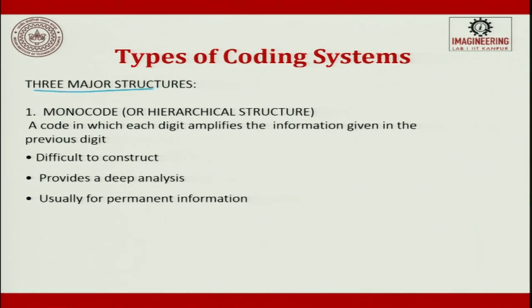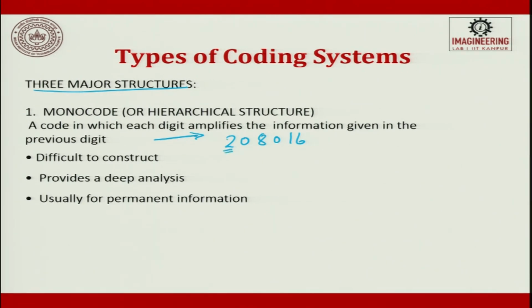So, there are three major structures. Monocode: a code in which each digit amplifies the information given in the previous digit. Take the example of 208016, which is the PIN code of Kanpur.